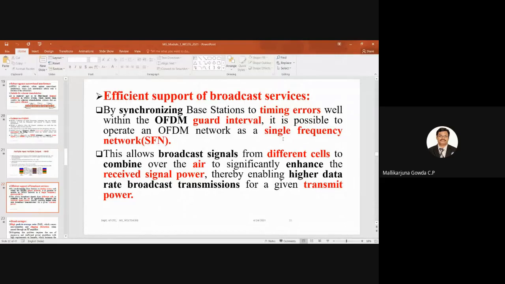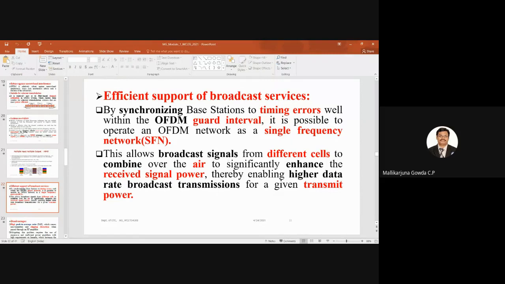The use of OFDM can support broadcast services. How is that achieved? You should have the term in your mind, that is, single frequency network. What is a single frequency network? You should be able to say in one line: it is possible to operate the OFDM network as a single frequency network by synchronizing base stations to timing errors.